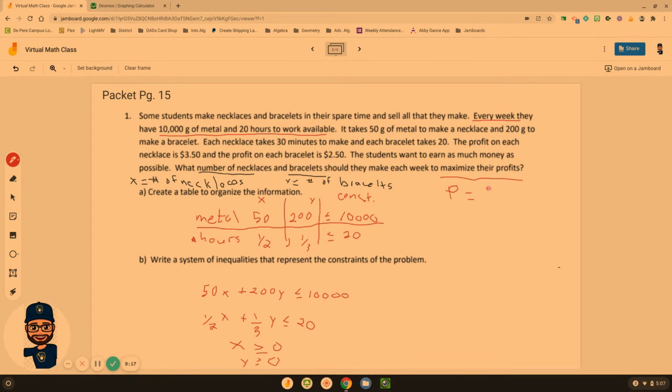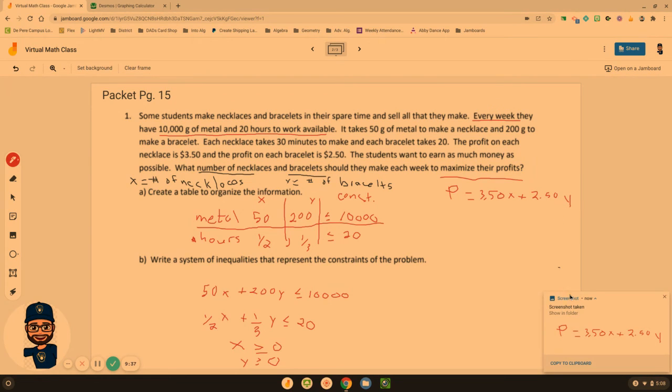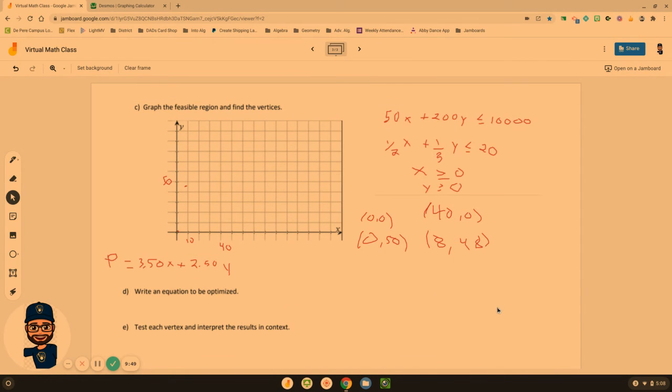Necklace was X. So 3.50 times every necklace plus $2.50 for every bracelet, so 2.50 times Y, which was our bracelets. All right, so that is our equation to maximize the profit. So that's what I'm going to put down here. Let's just hide it right above, so we got it out of the way.